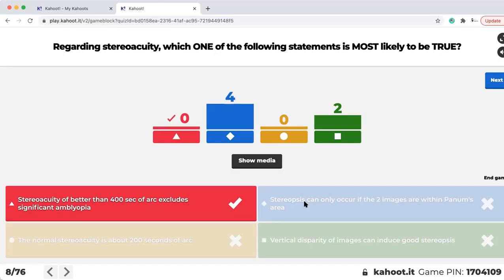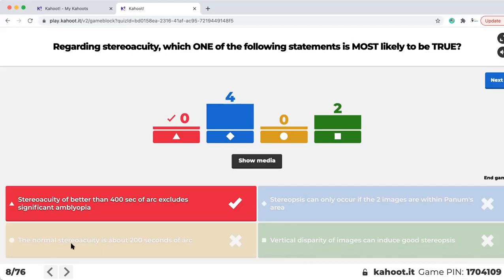But please note that stereo acuity is measured within the Panum's area. The question here is not asking about measuring stereopsis, but asking as a broad statement about stereopsis. Could it happen only within the Panum's area or not? No, it could happen within the Panum's area and also in the area outside the Panum's.